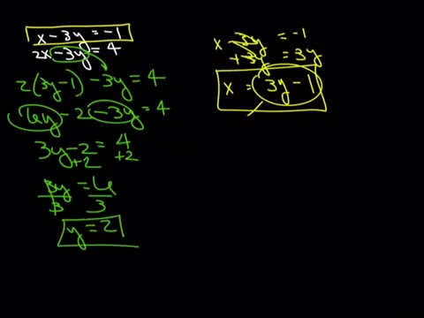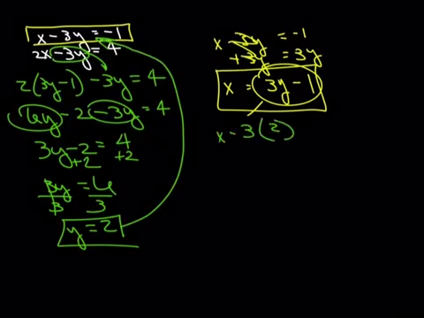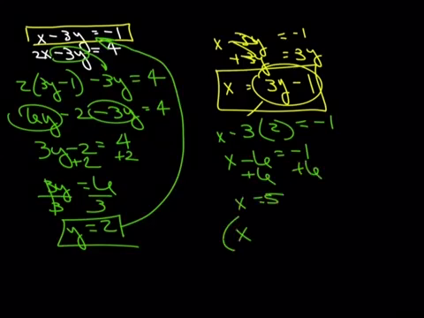So now we take either one of those equations and we put y equals 2 in there. So let's take the top one. Add 6. x equals 5. So your answer is x is, whoops, why did I do that? 5 and 2 is the answer that you're going to want.